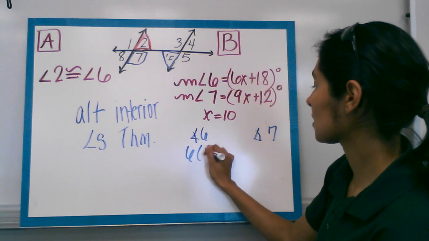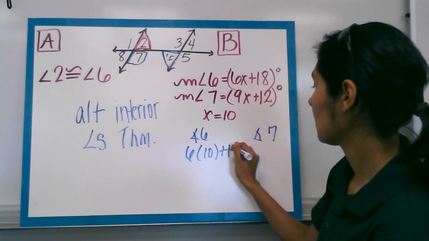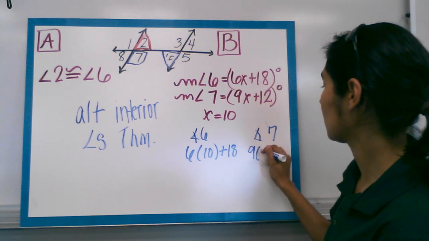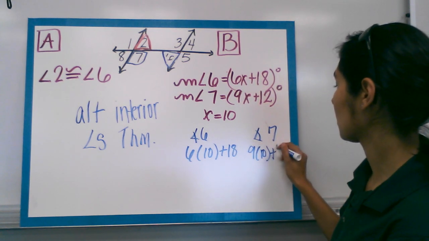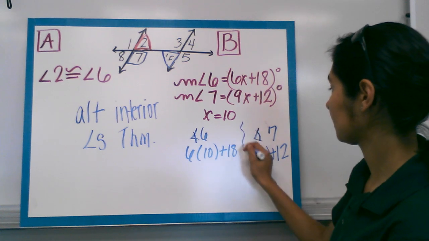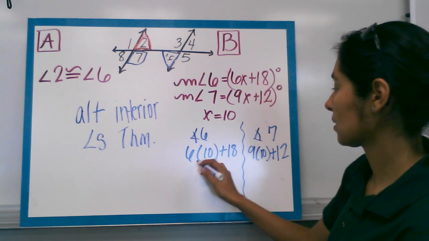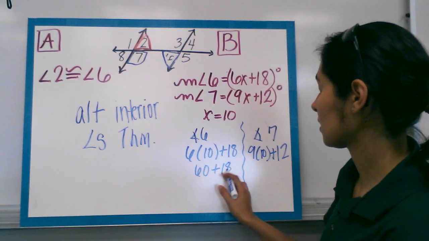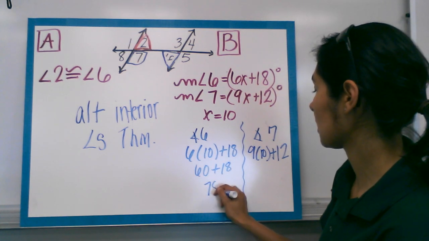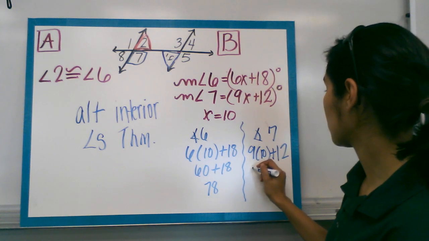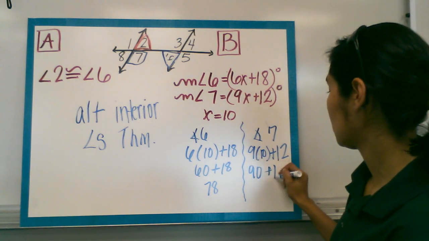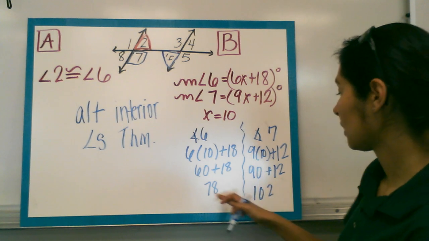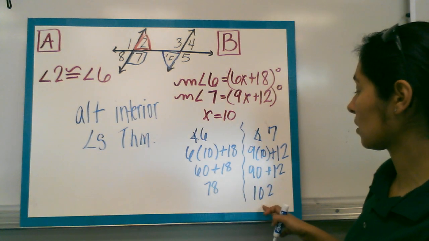Angle 6 is 6 times 10 plus 18, and angle 7 is going to be 9 times 10 plus 12. 6 times 10 gives me 60, plus the 18. 60 plus 18 gives me 78. 9 times 10 gives me 90, plus 12. 90 plus 12 gives me 102. Now I have 78 degrees and 102.